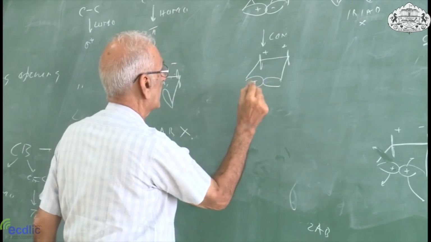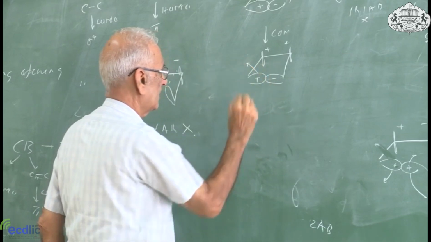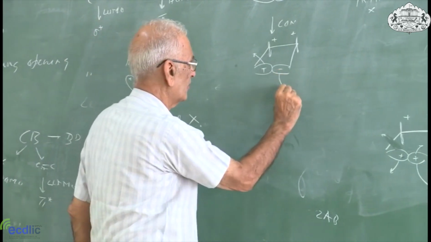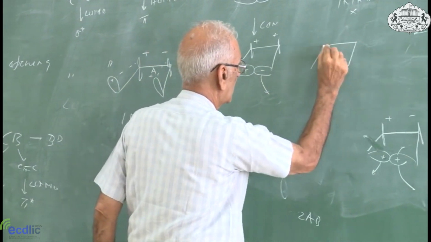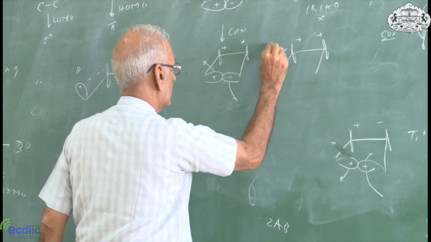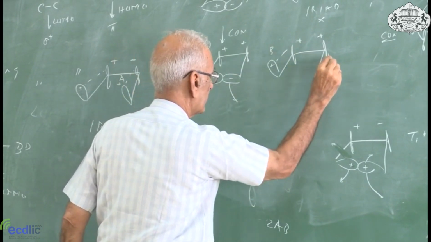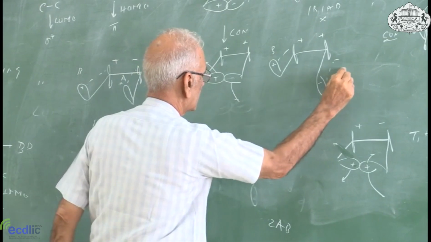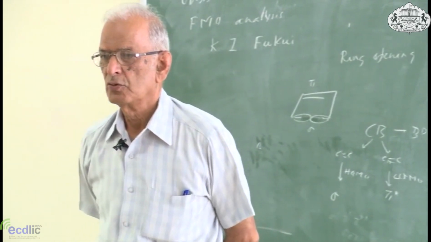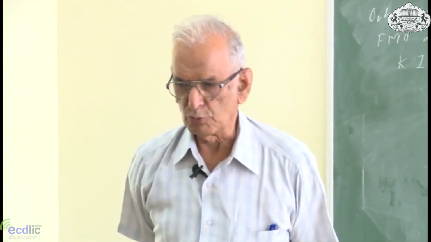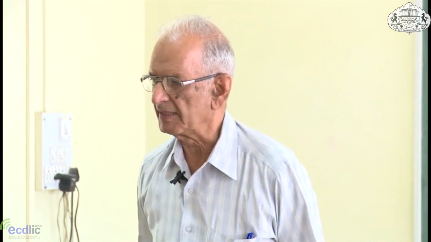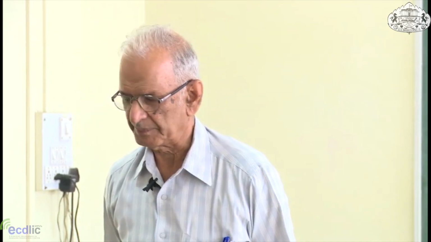All right, plus and minus. This I moved anti-clock. This will also move anti-clock. Plus and plus, bonding, minus will come here. This is bonding. So whether I take HOMO of the single bond and LUMO of the double bond, or HOMO of the double bond, LUMO of the single bond, answer is still the same.